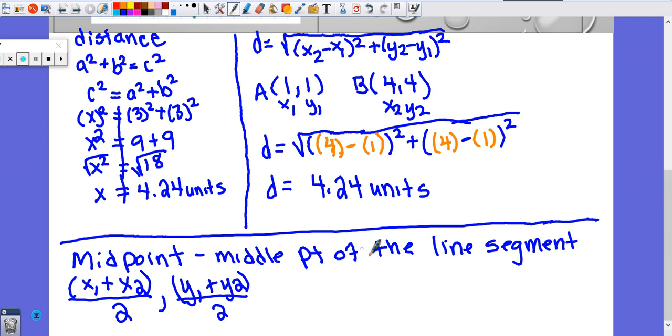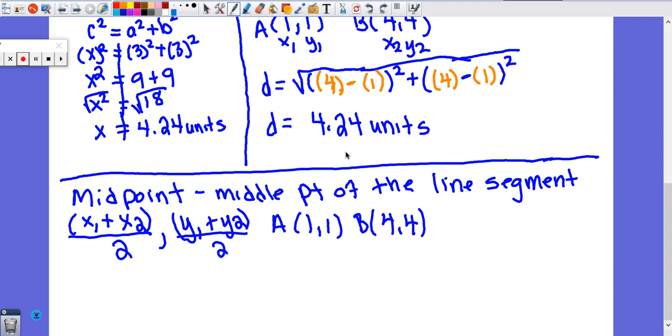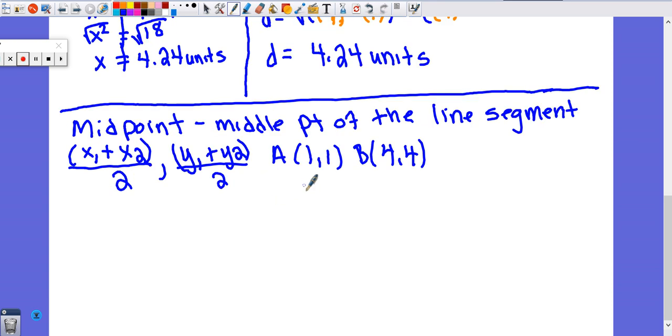Okay, so let's go grab our points, and we're going to say the point was 1, 1, and the other one was 4, 4. So we'll call this point A and this point B. So I like to label this x1, y1, x2, y2, x in the first position, y in the first position, x in the second position, y in the second position.